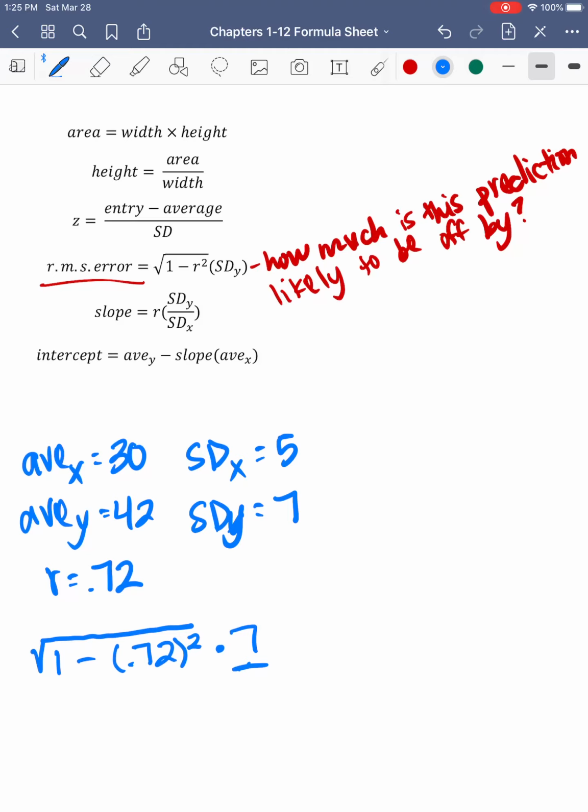So I'm going to do the square root of 1 minus 0.72 squared times 7, which is 4.86. So make sure you put the units on that, whether it's points or inches or whatever unit it might be. But that's how you do a question that says, how much is this prediction likely to be off by?